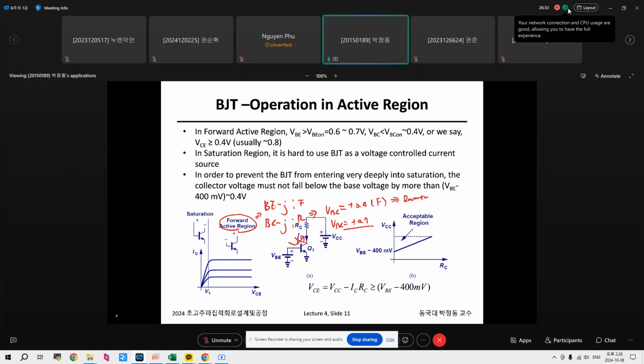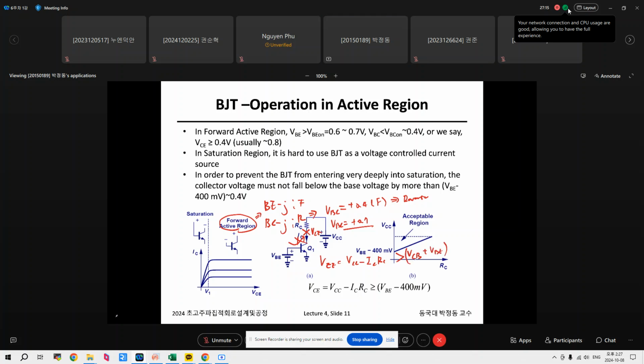Okay. So based on this observation, you can easily define the acceptable voltage level at VCE. Here VCE is what? VCE is VCC minus ICRC, right? This VCE should be larger than, higher than VCB plus VBE, right?